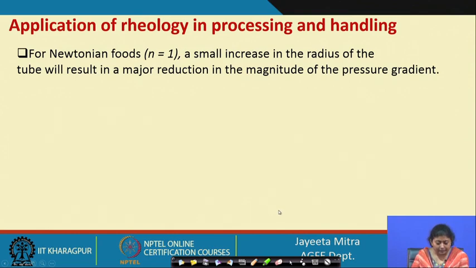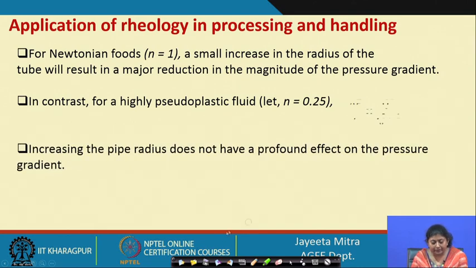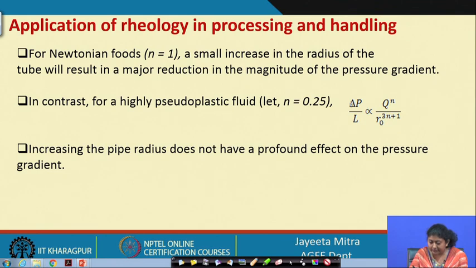Now, for Newtonian food, where n equal to 1, a small increase in the radius of the tube will result in a major reduction in the magnitude of the pressure gradient. How are we getting this? When we relate the delta P with the volumetric flow rate Q, we get this kind of a relation.